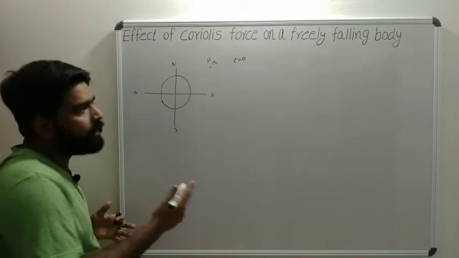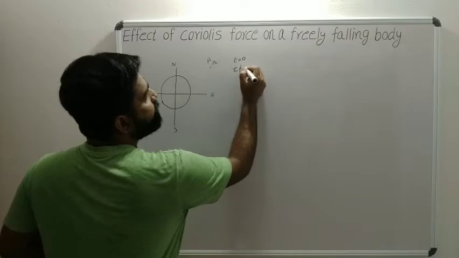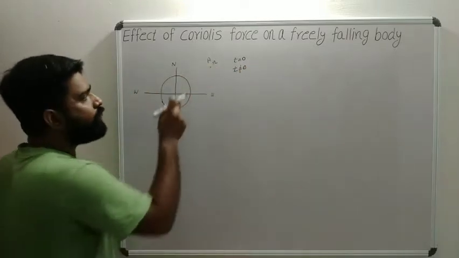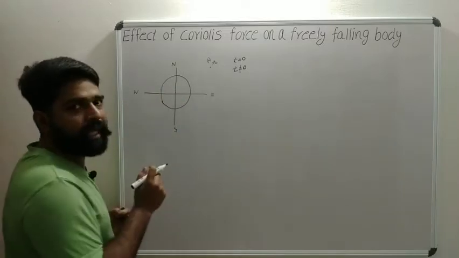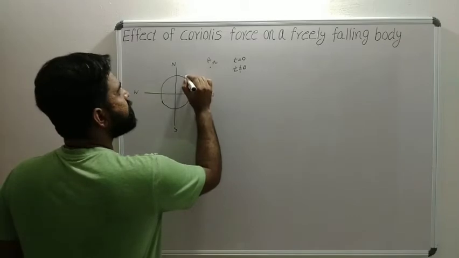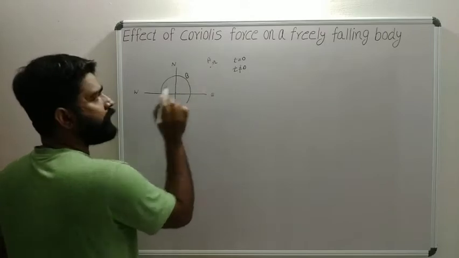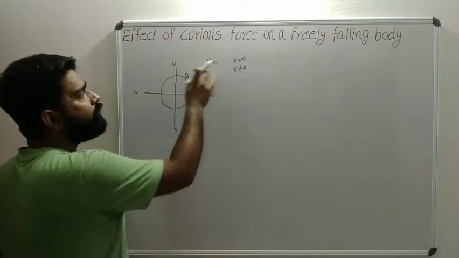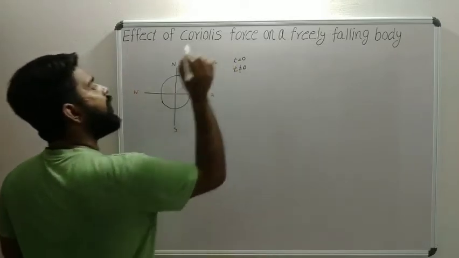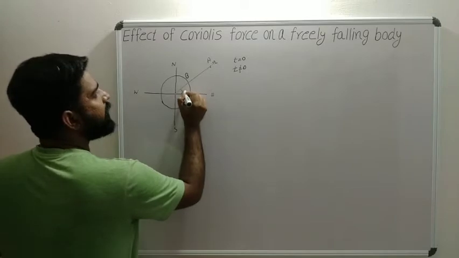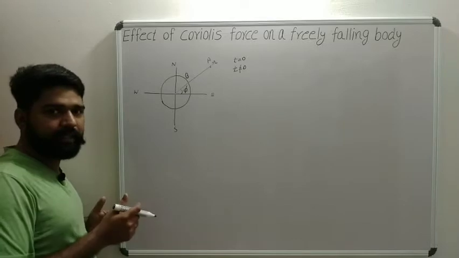Then we expect that after a time t, the object will fall on the surface of the earth, and that point can be represented by the letter B. So please consider after time t the mass will touch at the point B, and this angle can be represented by phi, right?